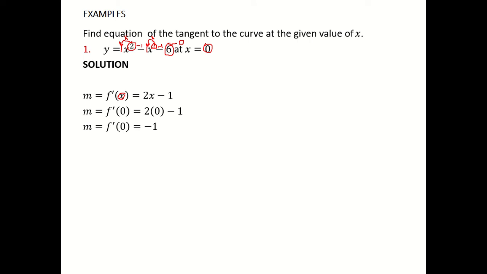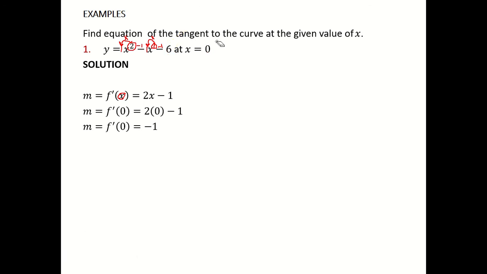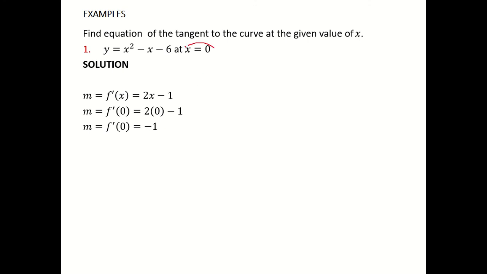I only have the x-coordinate of this point. So for me to find the y-coordinate of the point, I'm going to take the given x value and substitute it into this original equation.